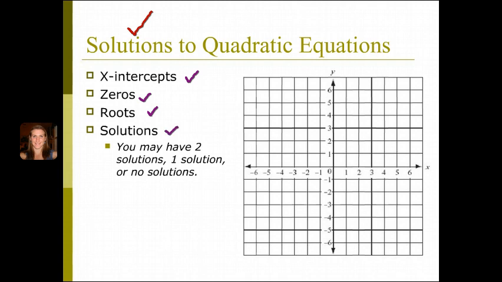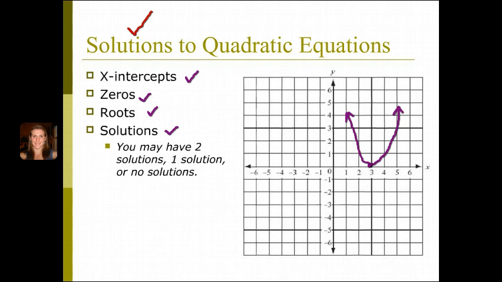Now, your parabolas could have one solution, two solutions, or no solutions. If you have a parabola that only has one solution, that means that it just barely is touching the x-axis, so it's only grazing it at one point.